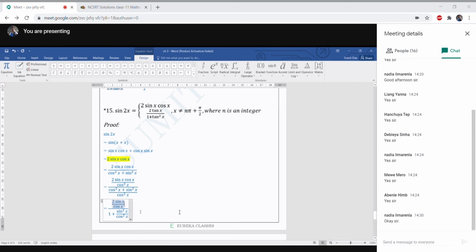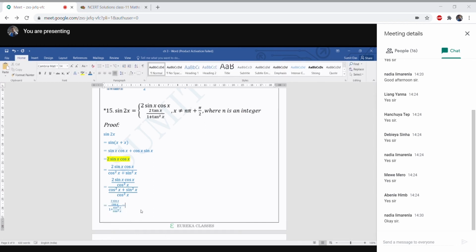Okay, so if you simplify this one, you will get 2 tan x divided by 1 plus tan square x. Okay, so this is our third proof.